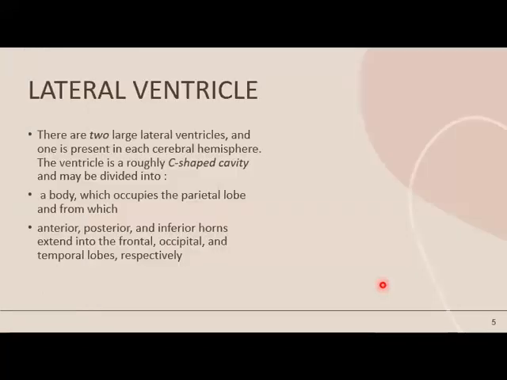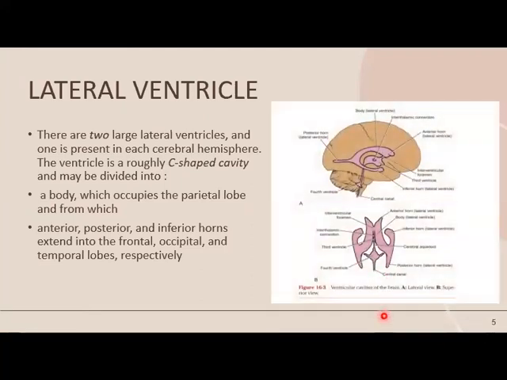The lateral ventricle. These are two large lateral ventricles, and one is present in each cerebral hemisphere. The ventricles are roughly C-shaped cavities and may be divided into body, which occupies the parietal lobe, frontal horn, inferior horn, and the posterior horn. The anterior horn occupies the frontal lobe, the inferior horn occupies the temporal lobe, and the posterior horn occupies the occipital lobe.